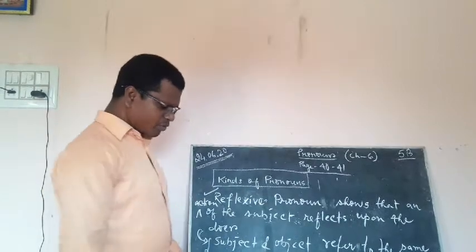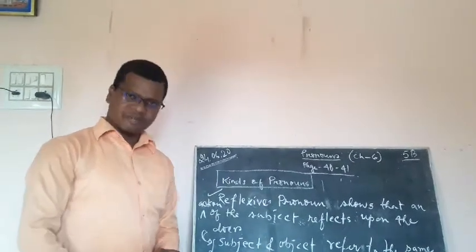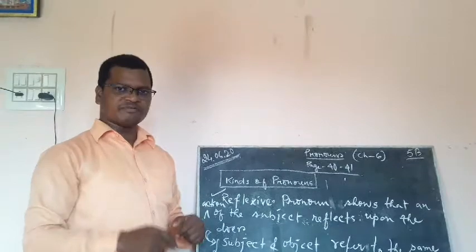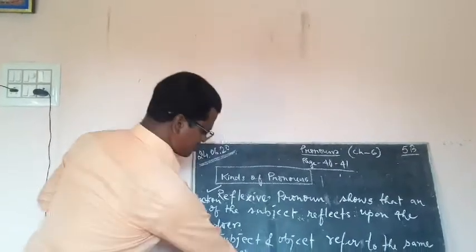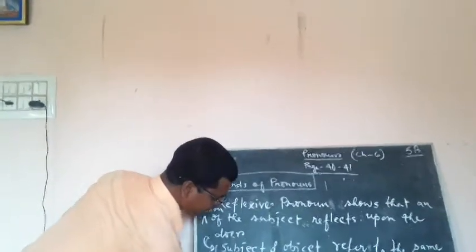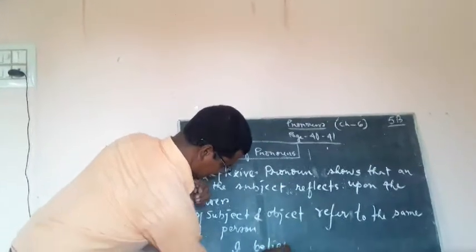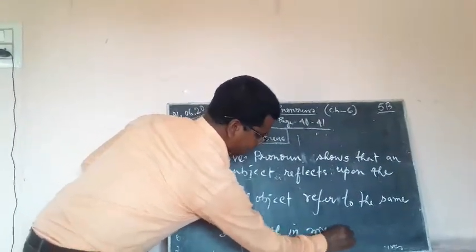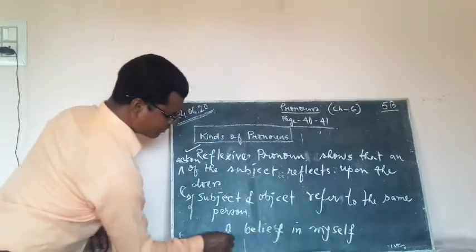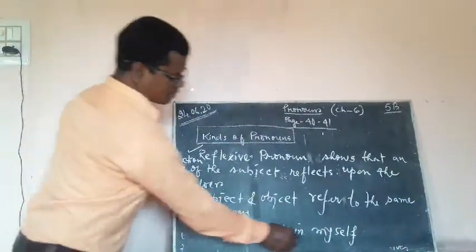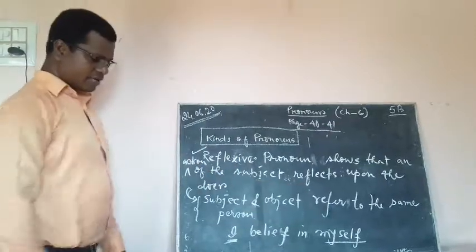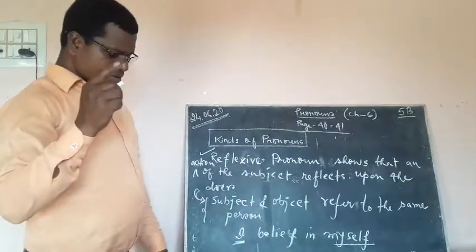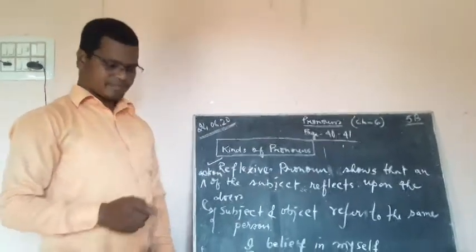Let's see one more example from the book. I believe in myself. If I say I believe in myself, whom do I believe? Here you see the subject and the object refer to the same.